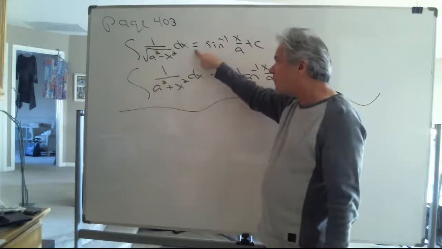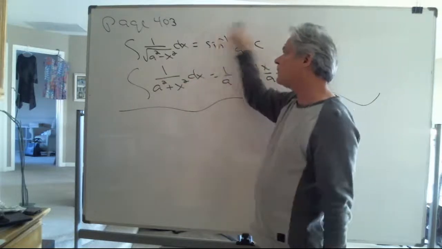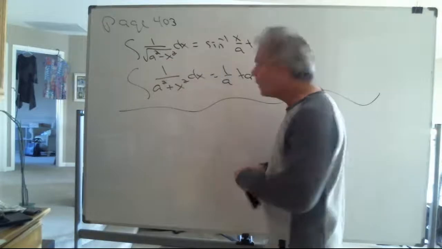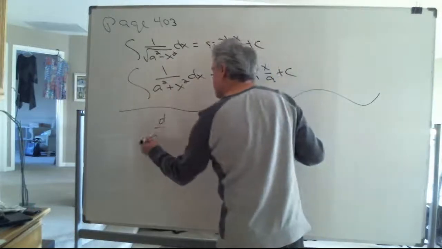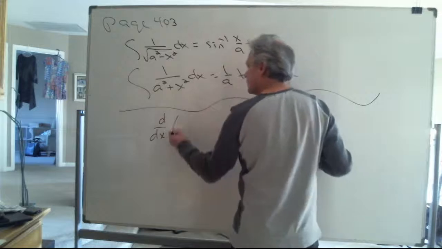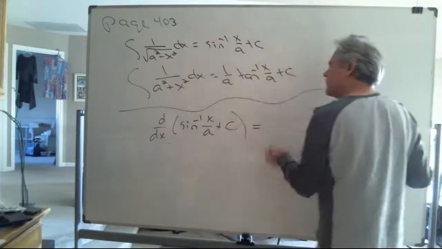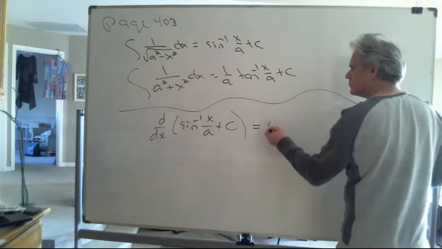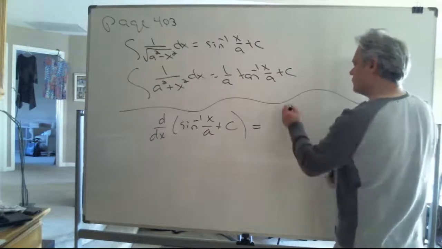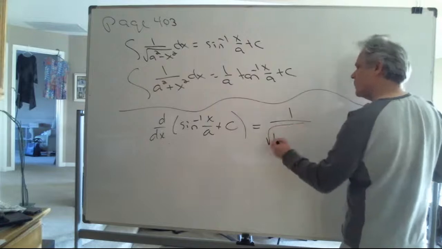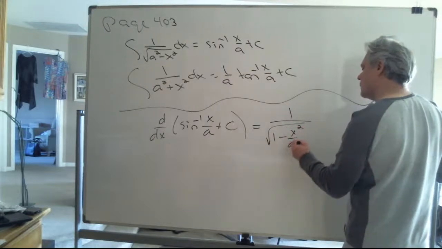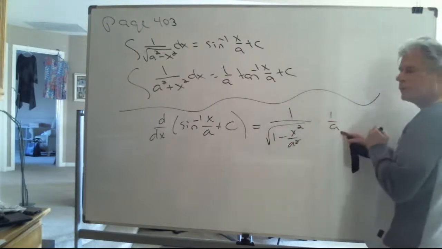I can prove this equality holds as long as when I differentiate this, I get what's in the integrand's position. So allow me to do just that. Let me differentiate with respect to x this business. I think it gives me this. Chain rule.